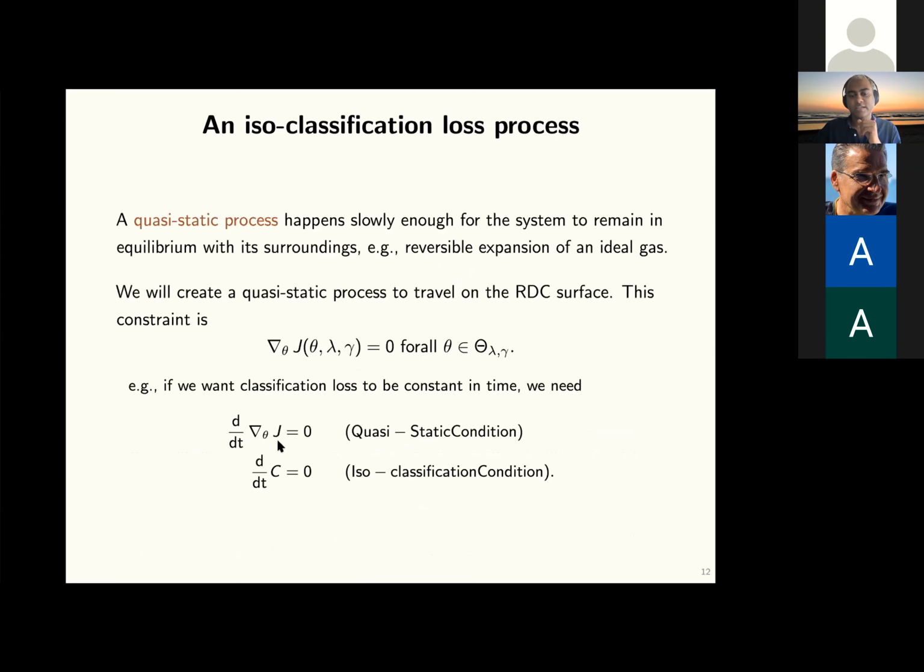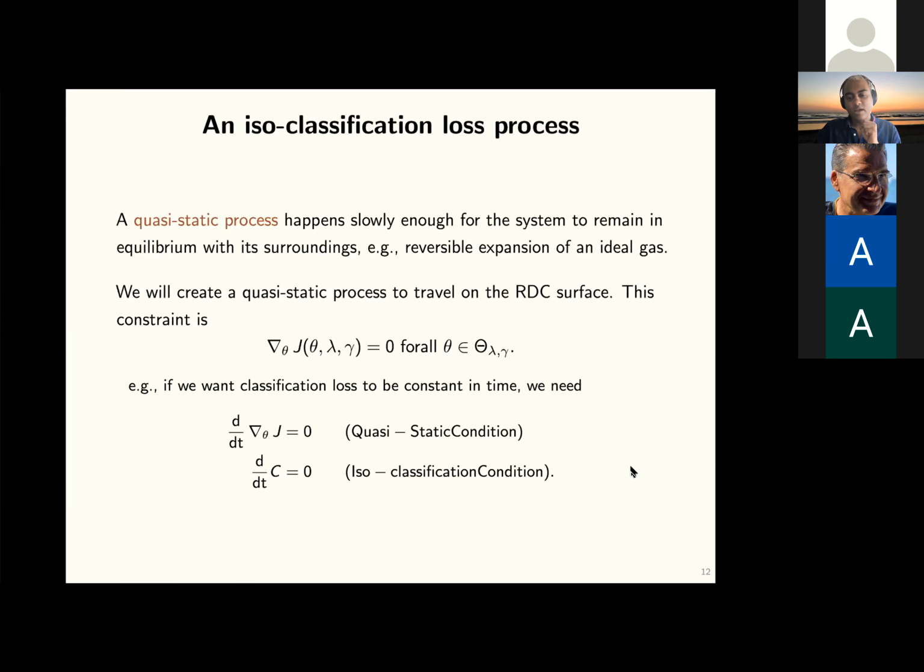So the first condition is what we call the quasi-static condition. And that simply says that I would like my parameters to change in ways that keep my model on this surface. I don't want you to fall out of the surface because this is a surface that I understand. This is a surface that lets me travel on all possible representations. I don't want to redo the work of training my model.